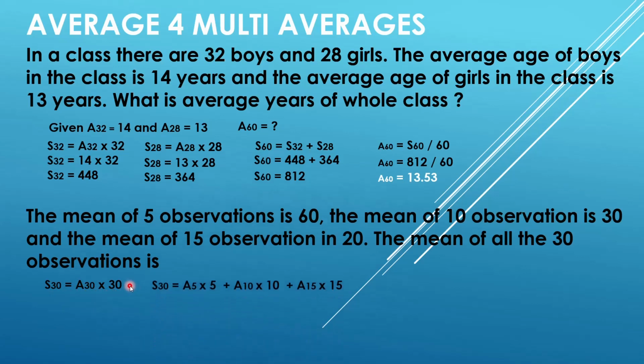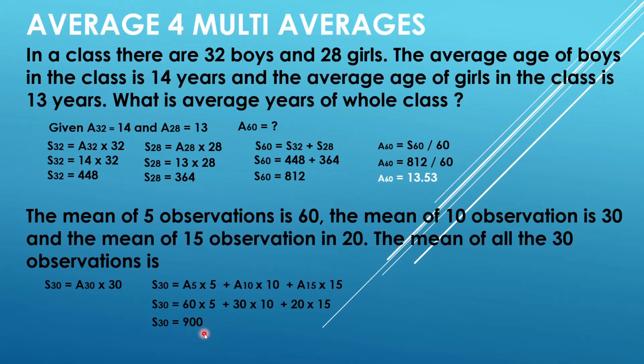In a similar way we can calculate this S30: the average of the first 5 observations, then the remaining 10 observations, and the last 15 observations, written like this. That will be the sum. So S30 directly we are putting these values. So S30 is equal to 900.